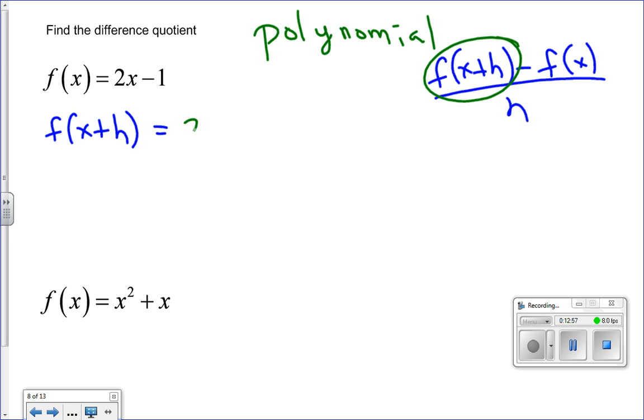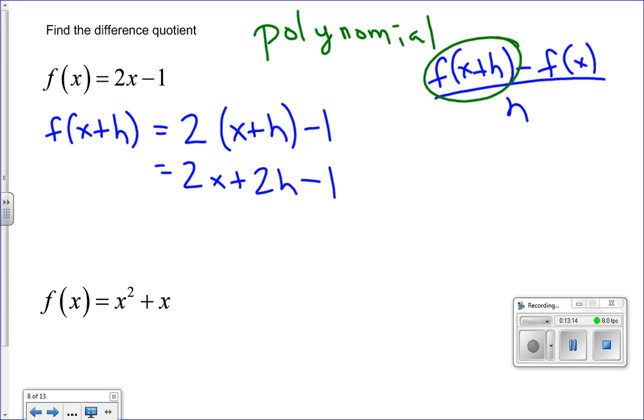Well, in this case, we're going to get 2 times x plus h minus 1. And simplifying this, I'll get 2x plus 2h minus 1. And then let's look at subtracting this f of x.